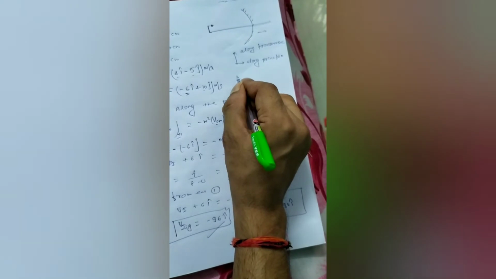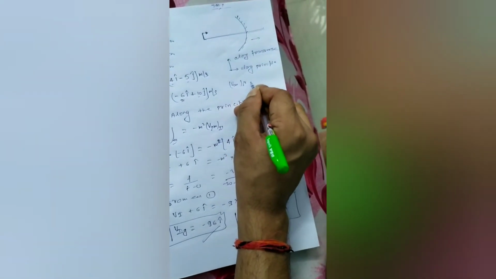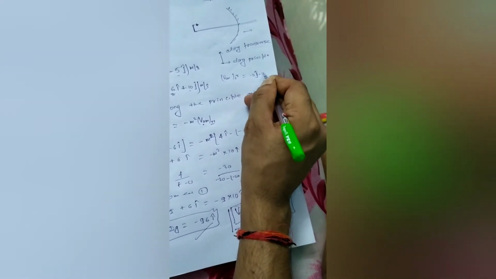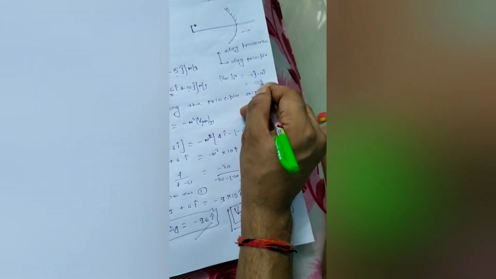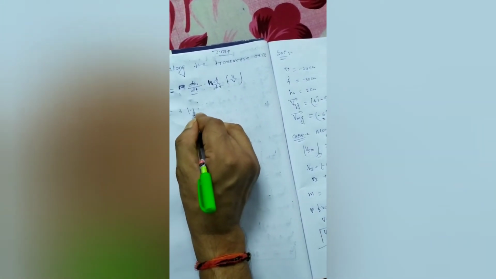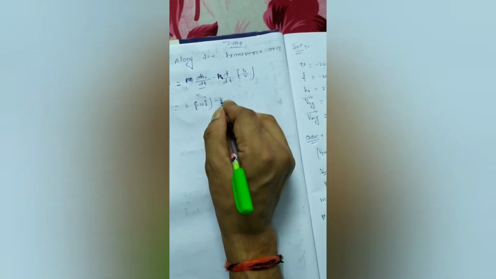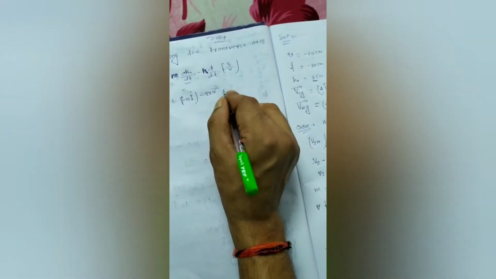So basically the velocity of the object with respect to the mirror along the transverse axis becomes minus 5 j cap minus 10 j cap, so minus 15 j cap. Here h naught is 2 centimeter, 2 into 10 to the power minus 2, because the height of the object is given.